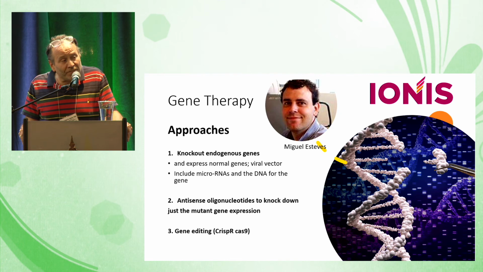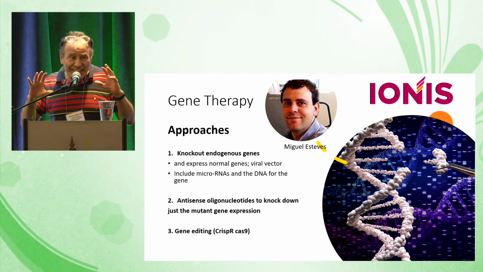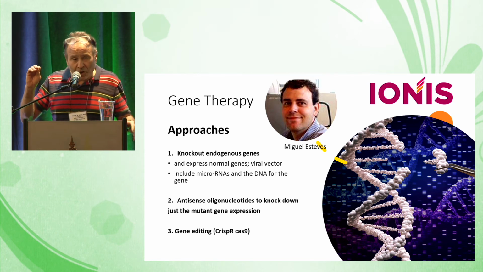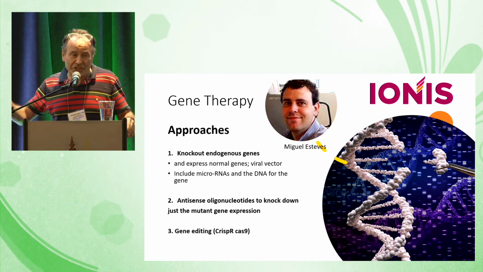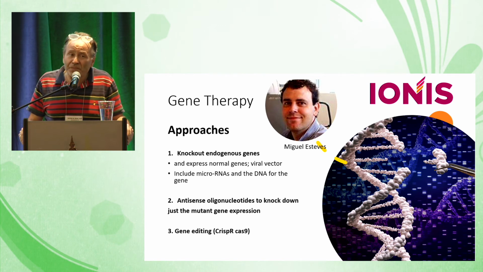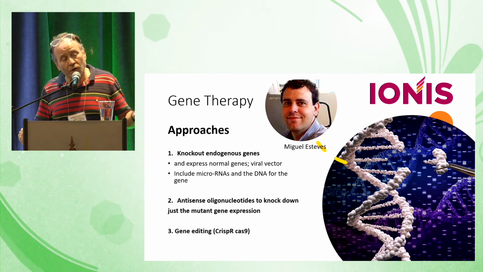It's driven by a virus and it gets into your system, and we put into there the DNA for a good spastin gene, and then we use something called microRNA that knocks down the mutant gene. That's the whole idea. And we get it into your nervous system, and slowly you're going to stop making the mutant protein, and you're going to start making more of the normal protein.